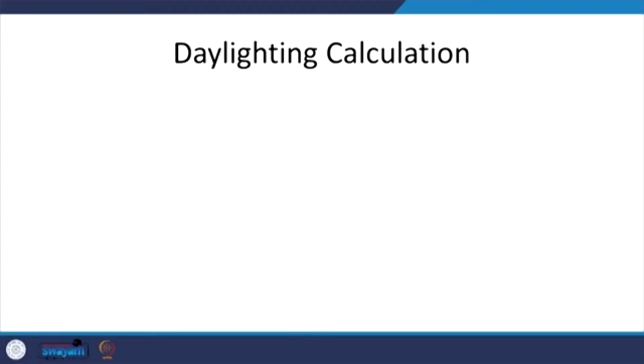Today we are going to look at the digital method of daylighting calculation for compliance with green building rating systems. As we have already seen, almost all the green building rating programs across the world place emphasis on allowing daylight to enter the building, and different rating programs have different criteria.